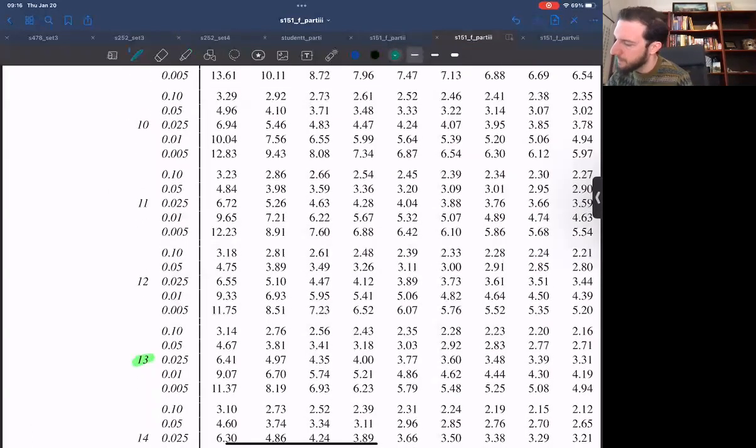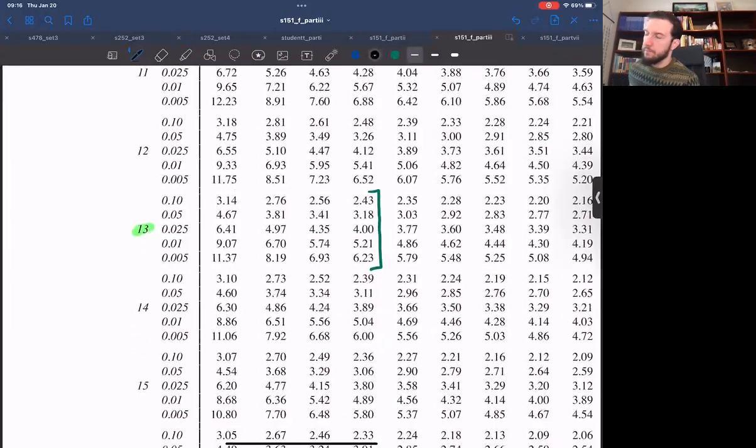Okay, here's 13. So we are now working with this block of numbers here. The same process: where does 4.5 fit in among this block of numbers? We can see that 4.5 is between 4 and 5.21. So the area of interest is going to be between 0.025 and 0.01.